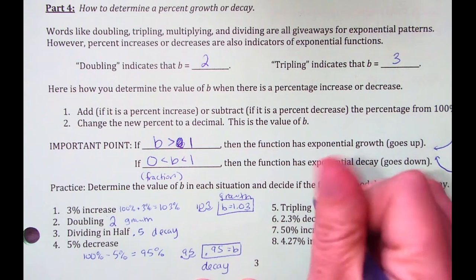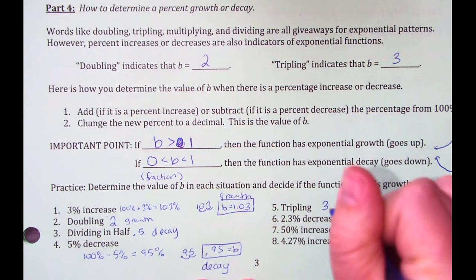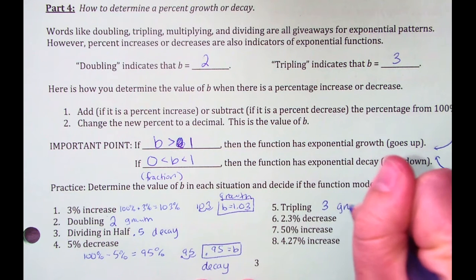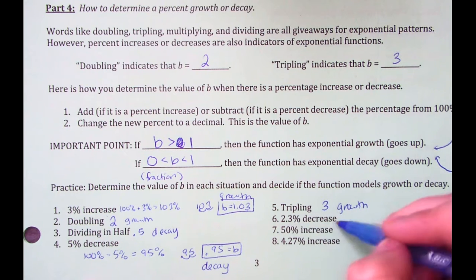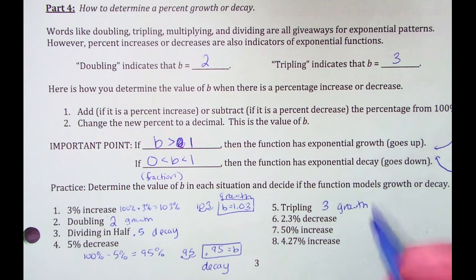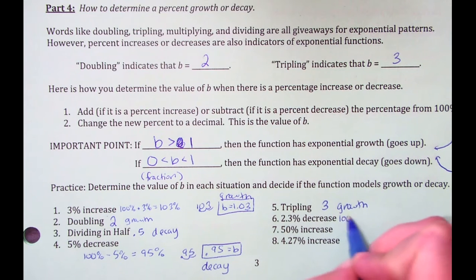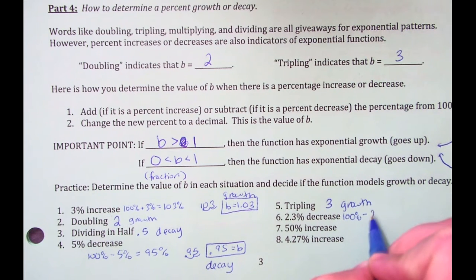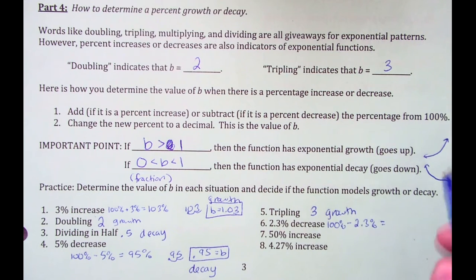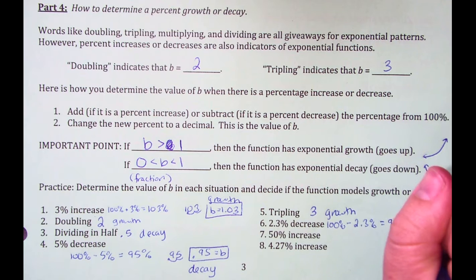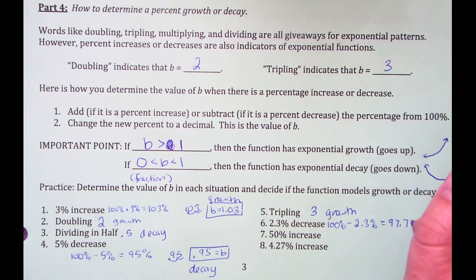Tripling is a key word that means multiplying by 3, so b would be 3. And since 3 is bigger than 1, this is going to be exponential growth. 2.3% decrease. If it's a decrease, that means we're subtracting the percentage from 100. So we're going to say 100% minus 2.3% equals 97.7%.